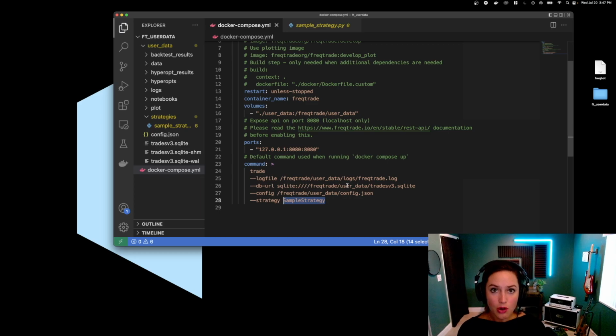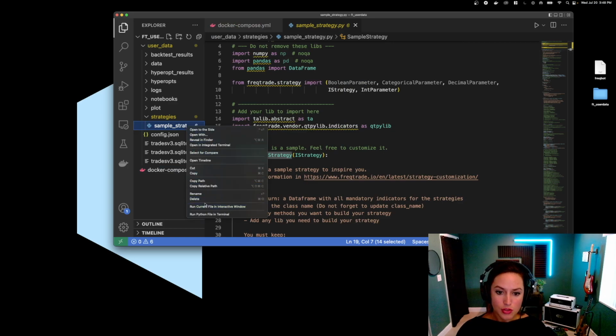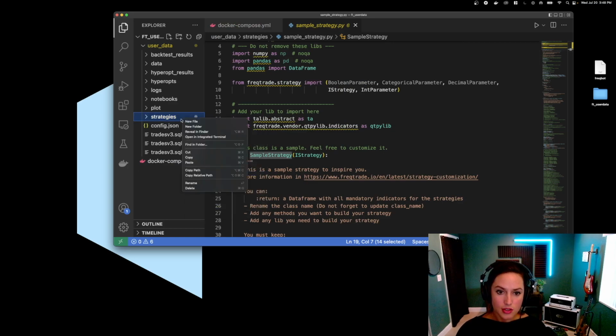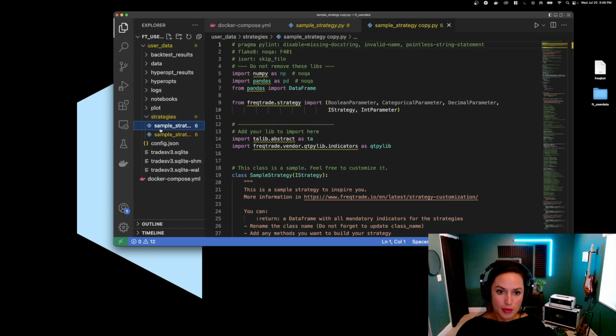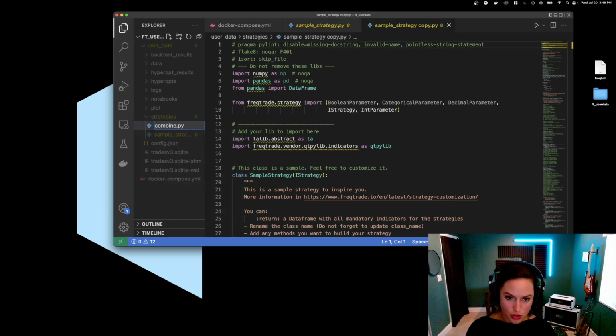And for this tutorial, I want us to create a combined strategy that uses both our sample strategy and one that I got off of the Freqtrade strategies repo, which I'll show you how to navigate to as well. So let's create a copy of our sample strategy in the strategies folder by copy and pasting it and renaming it to combined_strategy.